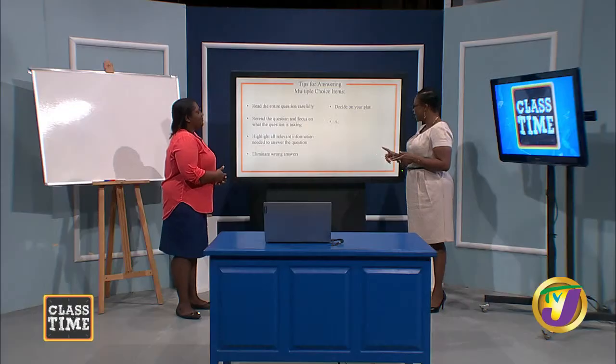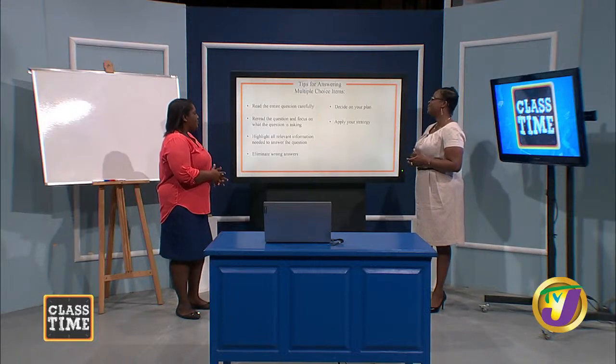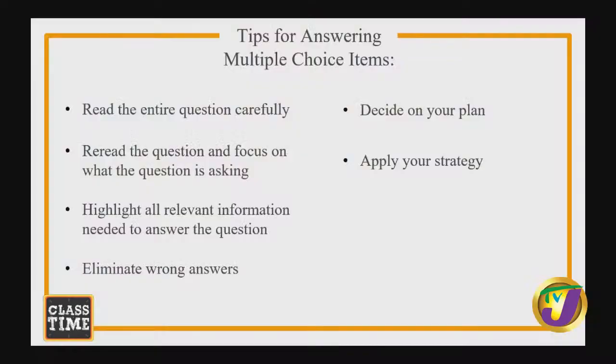Then you check. Apply your strategy, which would be the same as actioning the plan. And then you check your work. And most importantly, you need to indicate your answer by shading with the appropriate pencil, at the appropriate number, as indicated on the paper.